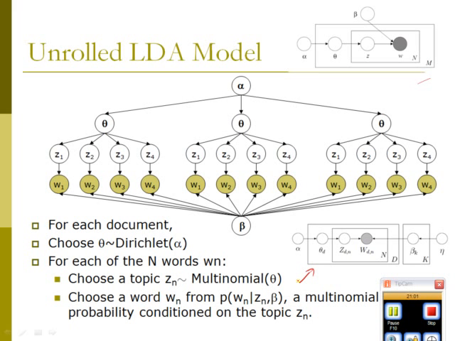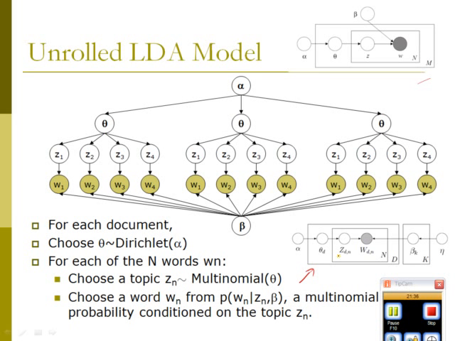There are N documents, and in each document, N words. This is a word W_DN, the nth word in the dth document, and it is generated by its own topic, Z_DN. Z_DN would be one of K topics, so it will be either 1 or 2 or 3, etc., up to K.